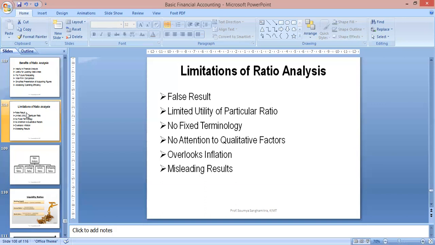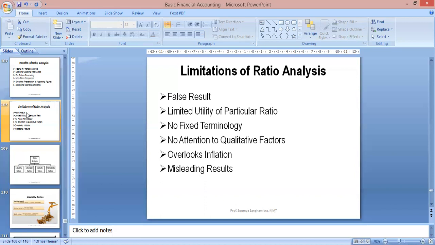Then no fixed terminology. Ratio analysis is still evolving and various terms may be interpreted in different ways. This makes comparison difficult. For example, a ratio requiring use of profit may be calculated using profit before tax or profit after tax.